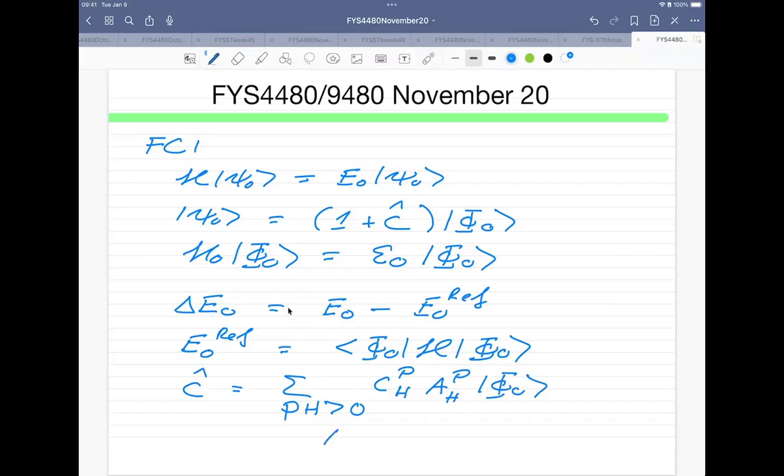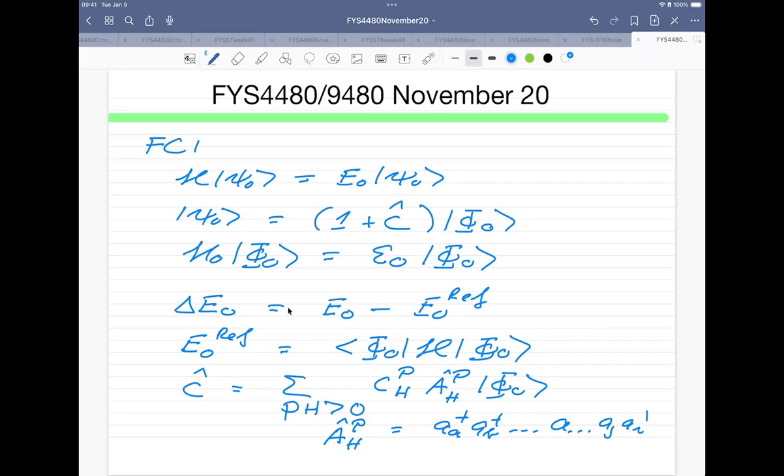And this H of AP is an operator which contains a string of creation and annihilation operators. So this could be a dot, dot, dot, and then we have an a_j and a_i here. Depending on how many particles and holes we have, this would just be a string of creation and annihilation operators. So this was essentially what we did for the FCI calculation.